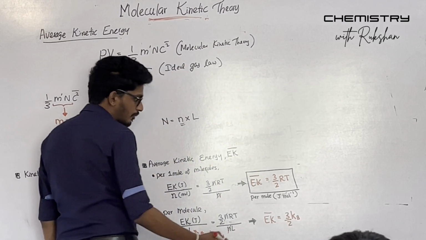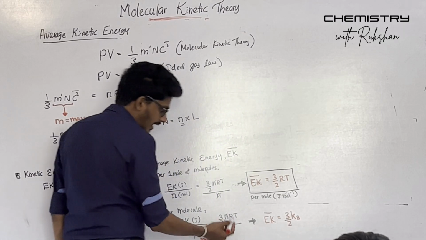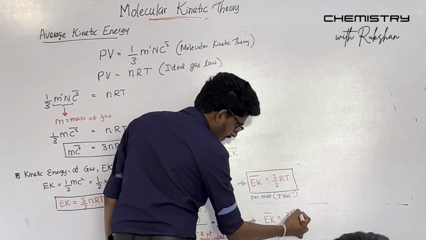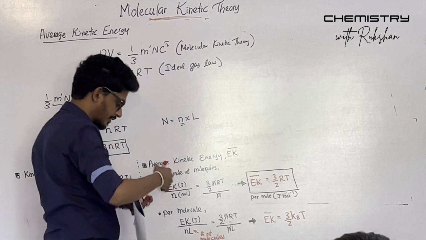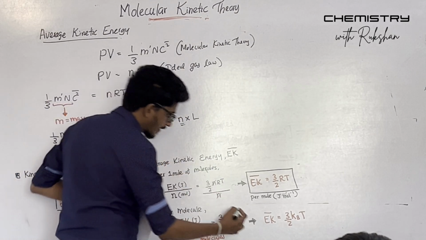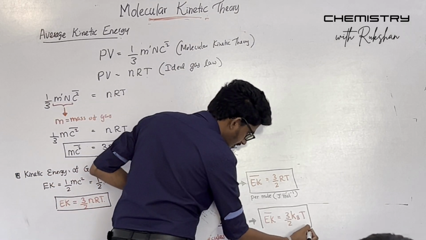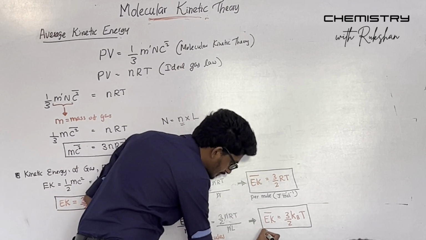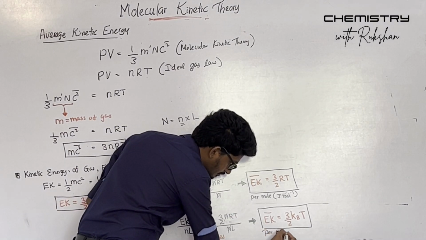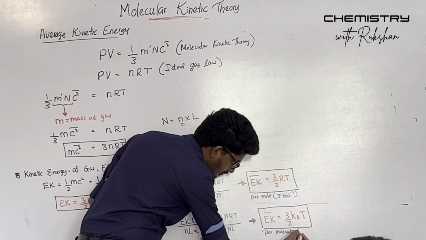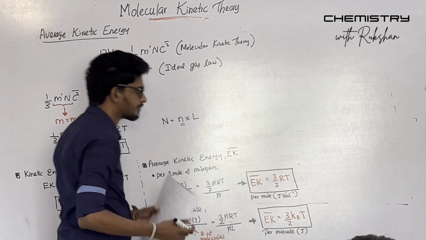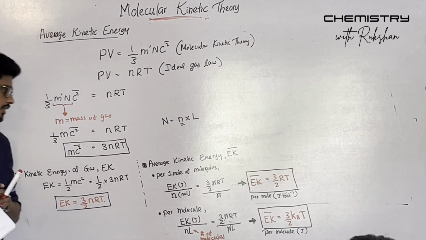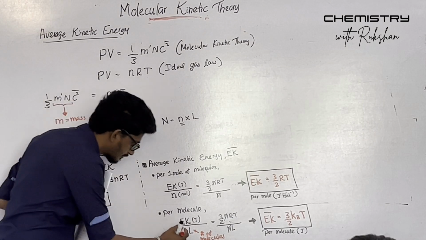Kb is the Boltzmann constant, with B as a subscript. So that is the average kinetic energy per molecule, given in joules. That is the idea.